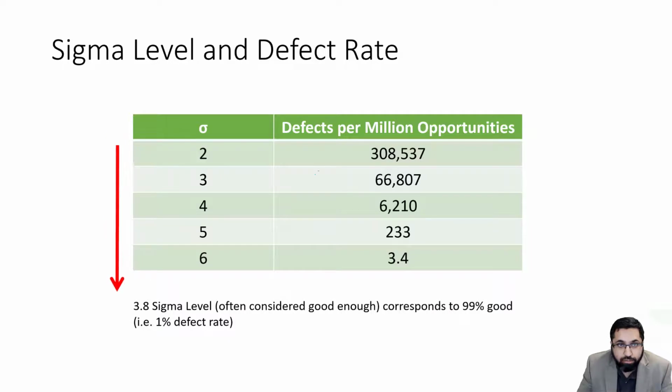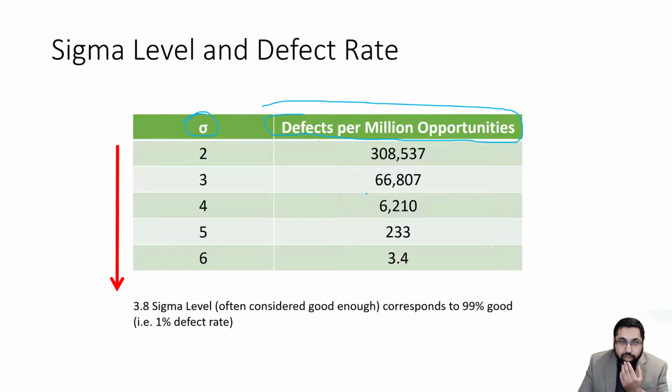You might have heard about 6 Sigma, 3 Sigma, 4 Sigma, these Sigma levels. The Sigma levels explain how few defects you're going to have. The bigger the Sigma level, the fewer the defects.